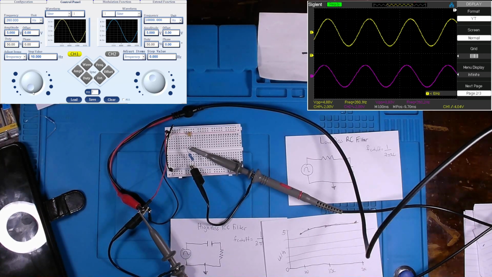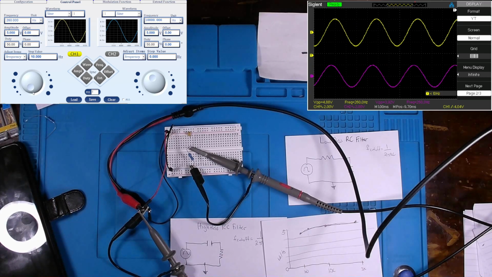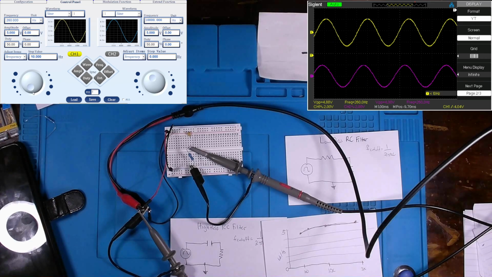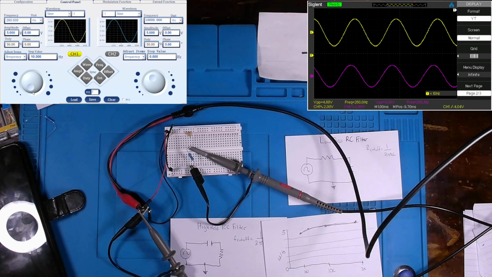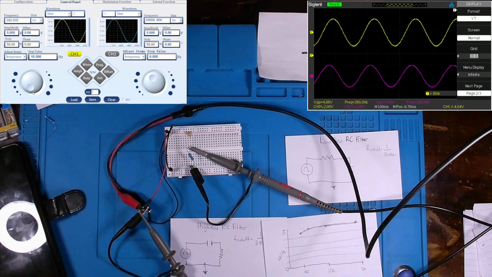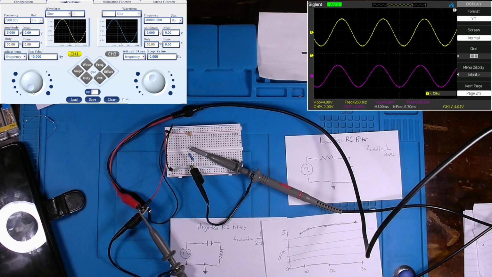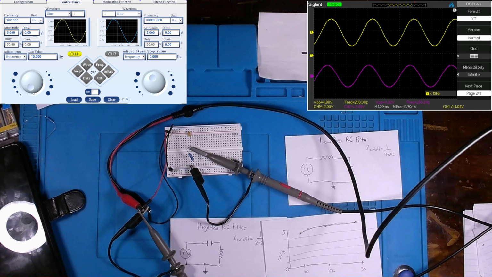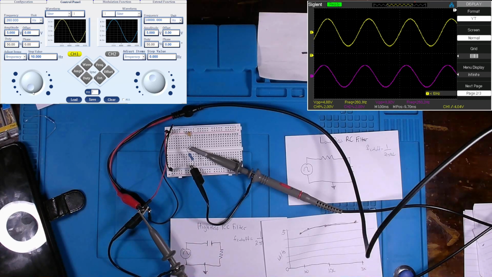And you'll also notice we get a bit of a phase shift here between our input audio and our output audio. That's because of our capacitor. I'm not going to get into all that, but there will be a phase shift when you're adding capacitance. We've learned that, right?